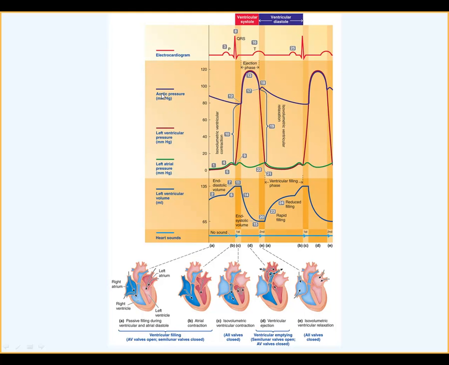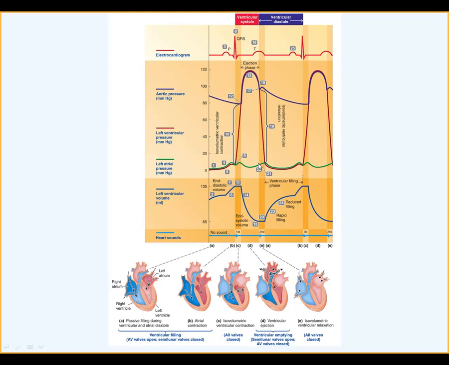Then you're looking at several pressure measurements. One of them is the aortic pressure, which is illustrated with this line. And the second is the left ventricular pressure, which is illustrated with this line. And then you have the left atrial pressure, which is illustrated with this green line.